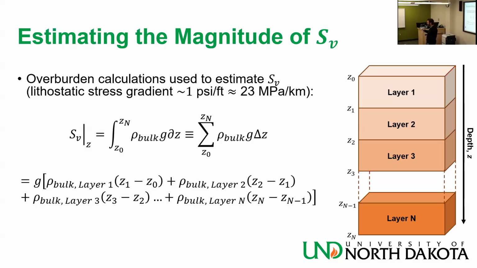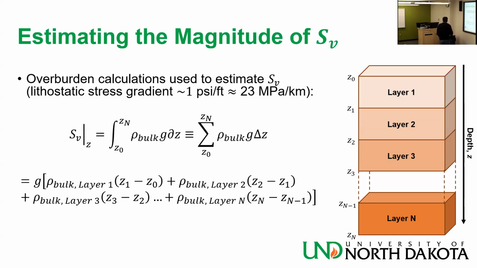And I'm expecting you to use it as a rule of thumb. If you don't have any information about the overburden in this location, use 1 psi per foot. That's how much the Earth weighs on average.